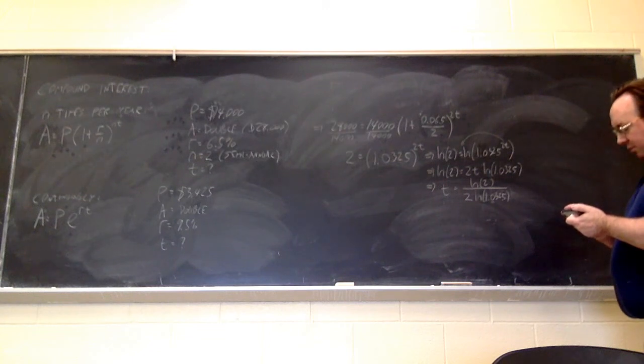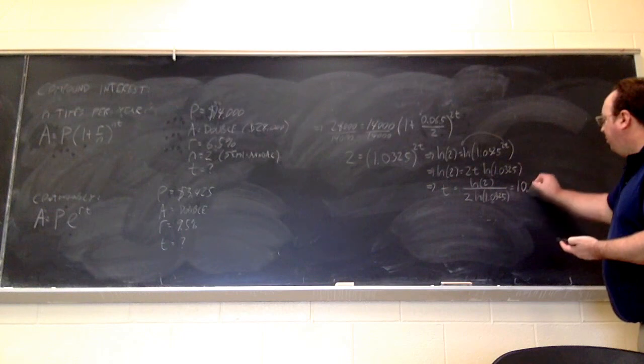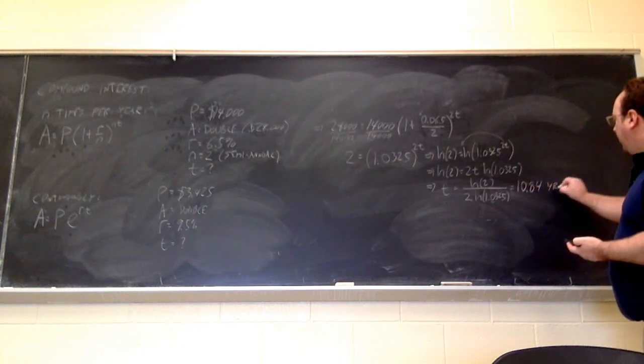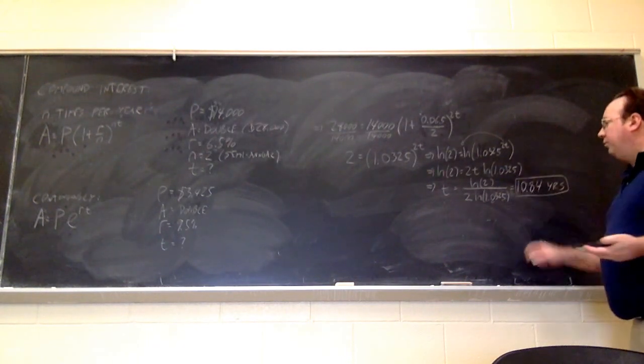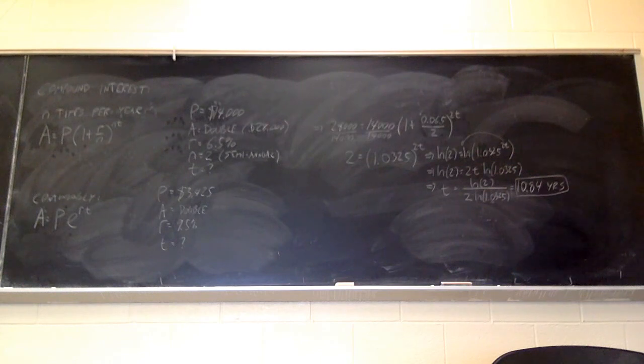So I have 1.0325, natural log, times 2, and then 1 over x, times 2, natural log, and I get, rounded to 2 decimal places, 10.84. That's how long it'll take for whatever amount of money you put in initially to double at that interest rate, that rate of compounding.